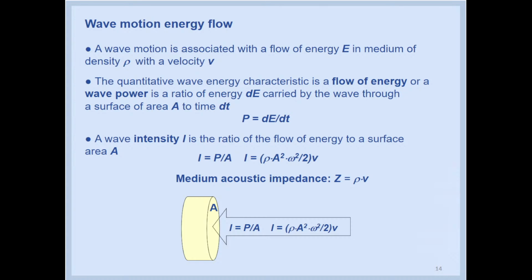In particular, for the soft human tissues that are rich in liquids, we can take the mechanical wave velocity equal to the velocity in water, that is 1500 meters per second.